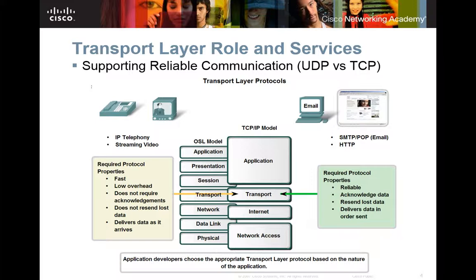Now, that's why you have your POP email, your HTTP. Your IP telephony and streaming video are UDP: fast, low overhead, doesn't require acknowledgement, doesn't resend. Your TCPs are going to be reliable because of the error checking. If it doesn't get it, then they resend it. Okay, it's a little slower, and it delivers data in the order it's sent.